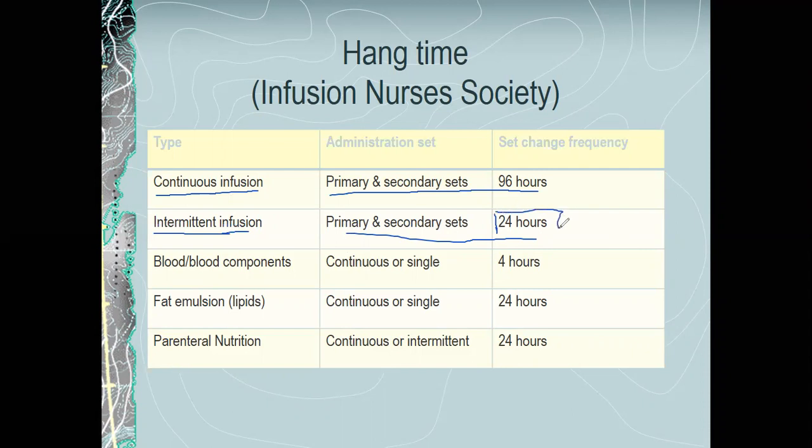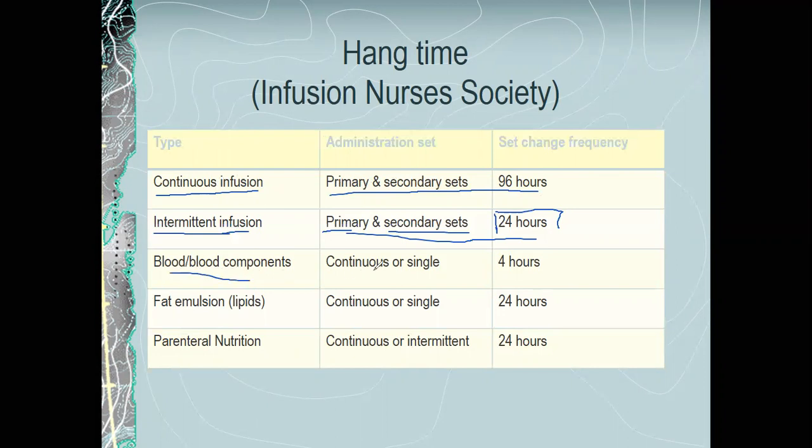The difference is our big risk factor of introducing infection and pathogens into the bloodstream. If you're connecting, disconnecting, connecting, disconnecting multiple times a day, these intermittent sets have a higher chance of getting infected versus a continuous infusion, where you're just hooking it up and it's going and not being disconnected and reconnected all the time.